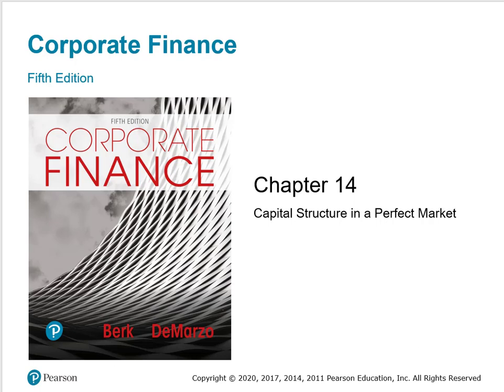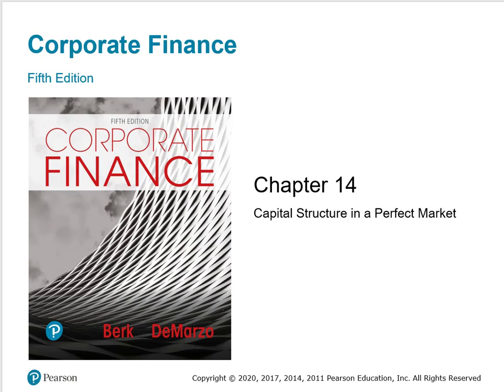In this video, we're going to concentrate on thinking about the next step in making decisions. We've talked about trying to decide which assets to buy. Now we want to talk about the financing aspect of the company.